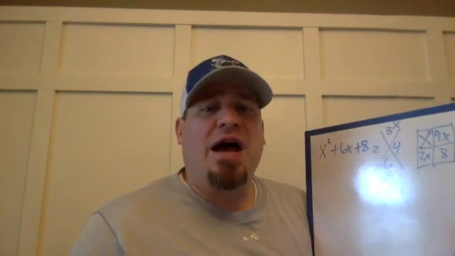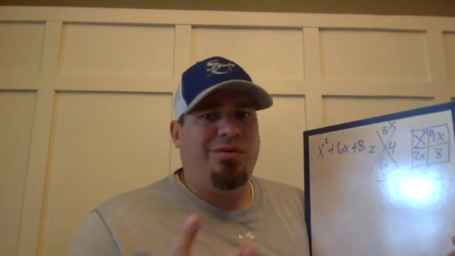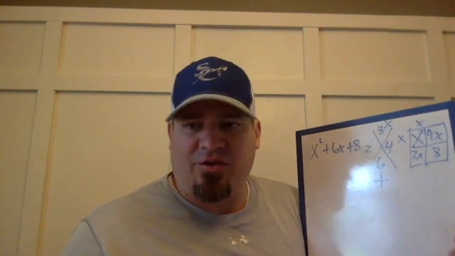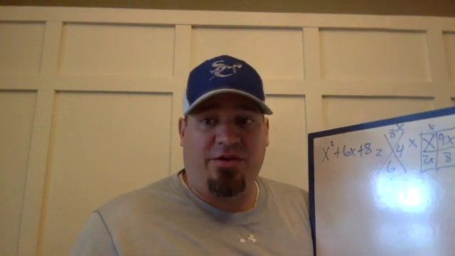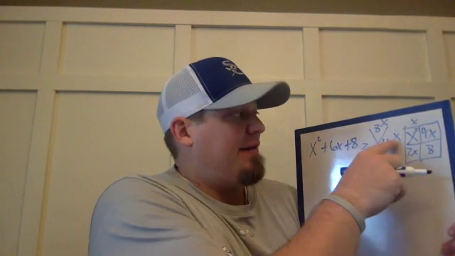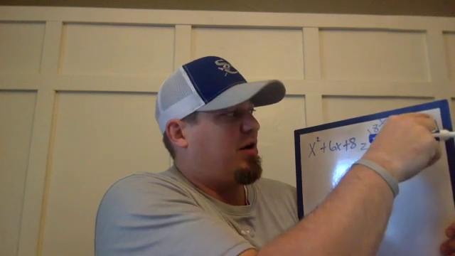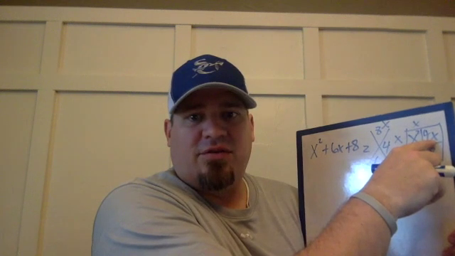So now I can fill out the outside of my box based on this information. What two values can I multiply together to give me x squared? Well, there's only one option: x times x gives me x squared. So the first term of both of my factors is x. Now, what number am I going to put above this that's going to multiply times x to give me 4x?